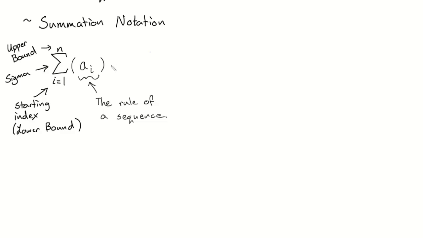Just to see how it works in general, if we started expanding out this summation to see what we've done, where does my i value start? According to this, at 1. So the very first thing that I would do is I would say, hey, let's find, according to the sequence, what is a sub 1.